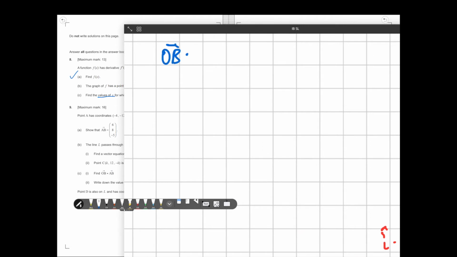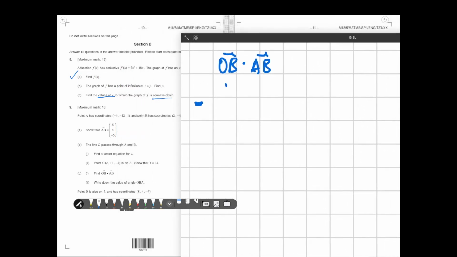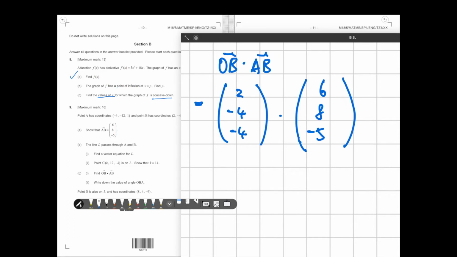So we have OB dot AB. OB is just -4, -4, and then dotted with 6, 8, -5.